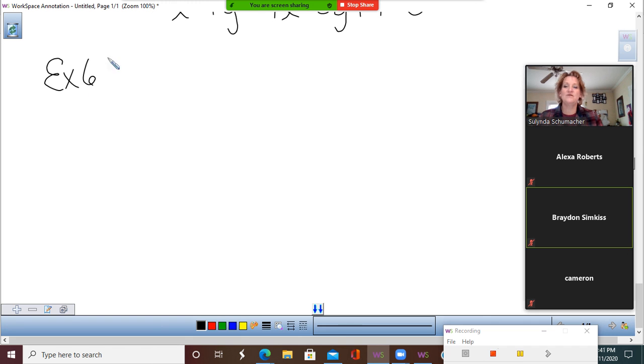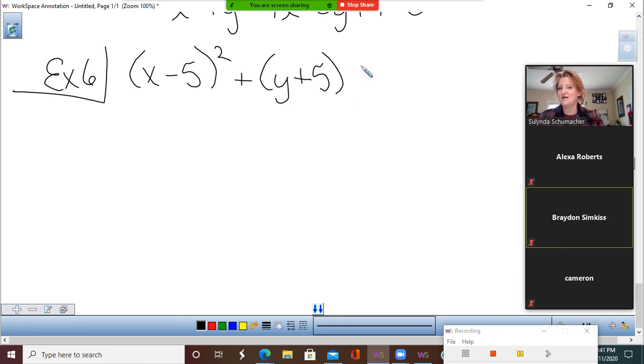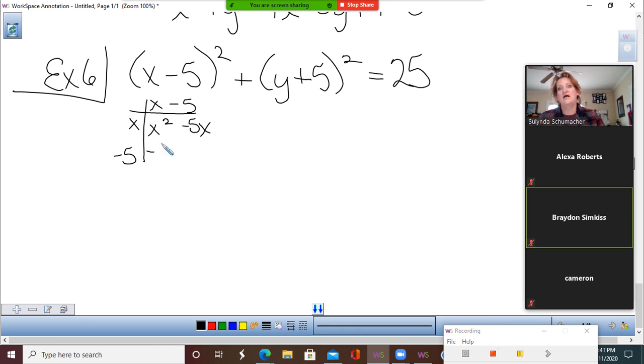So here's example 6. x minus 5 squared plus y plus 5 squared equals 25. All right, so we have this box, which is x minus 5 times x minus 5. So x squared minus 5x plus 25, or x squared minus 10x plus 25.